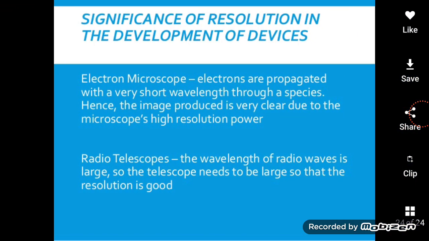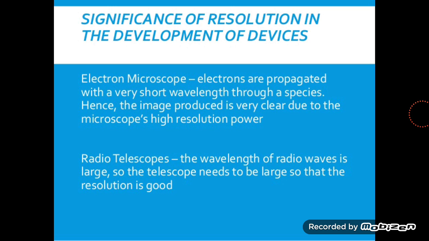Significance of resolution in the development of devices. These are two more examples. In case of an electron microscope, electrons are propagated with a very short wavelength through a specimen.